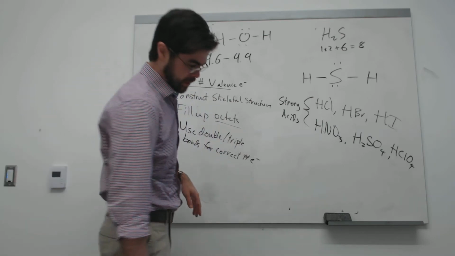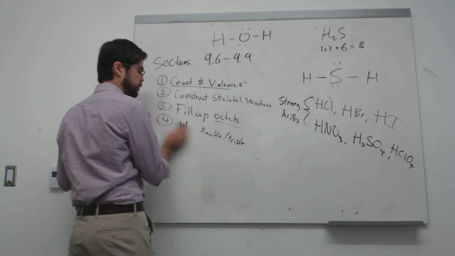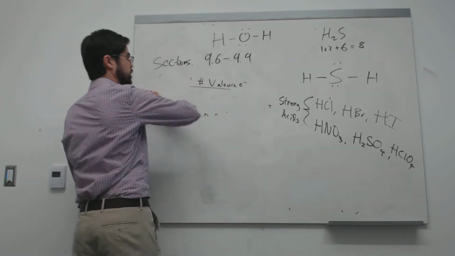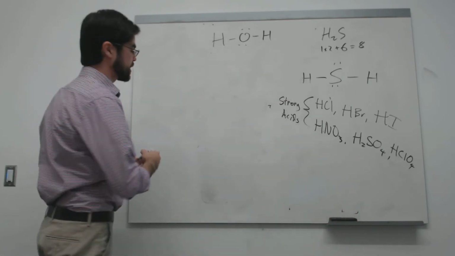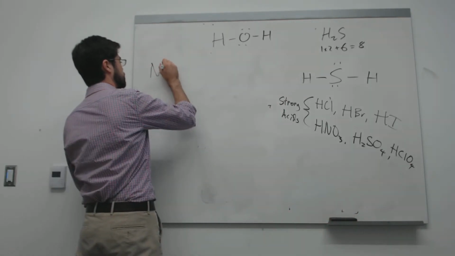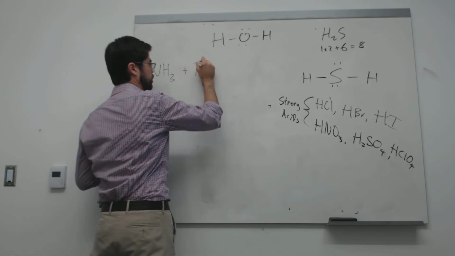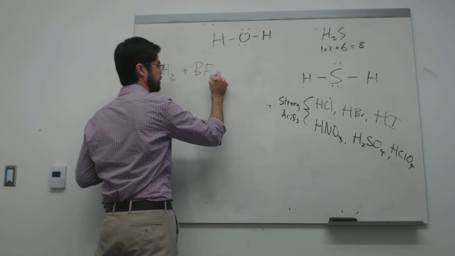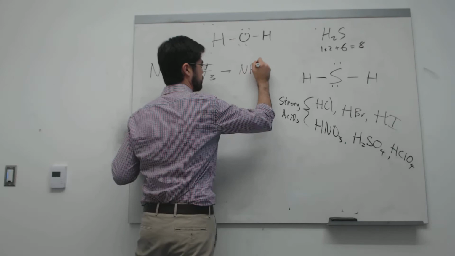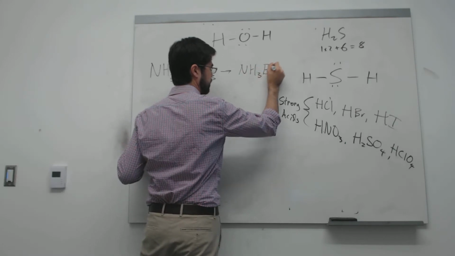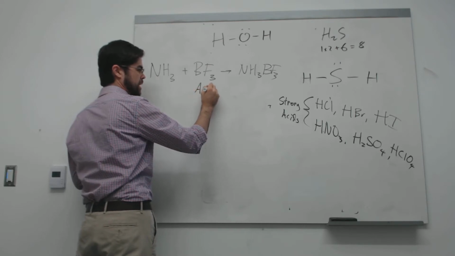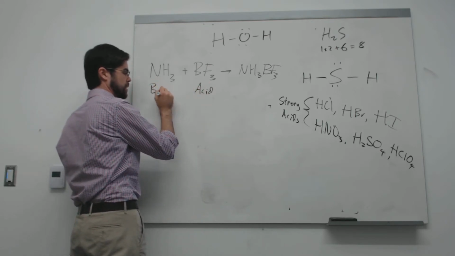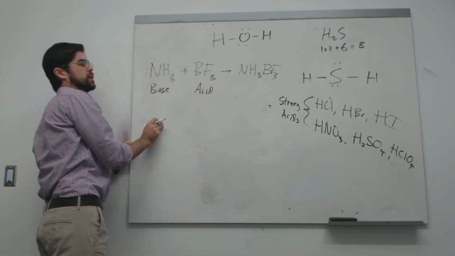Along the argument of Lewis acid-base theory, I had a clarifying question here, looking at one of the examples I gave, between NH3 and boron trifluoride, and they make NH3BF3. Your question was, is this one the acid and is this one the base? Yes, the ammonia here is a base.